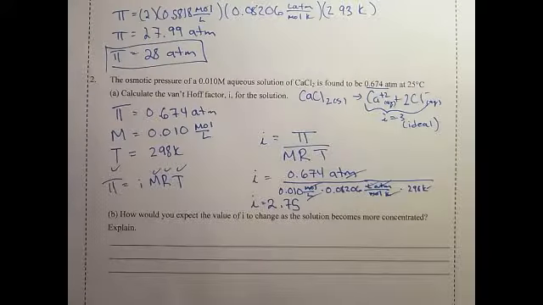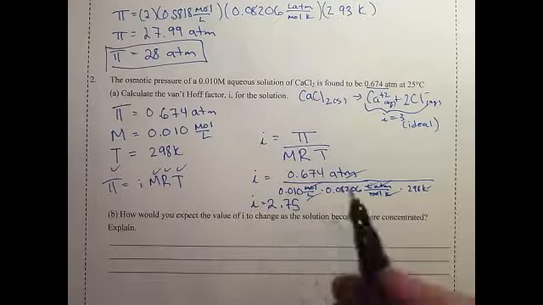Finally, question B says, how would you expect the value of i to change as the solution becomes more concentrated? Explain yourself. We've talked about it within the PowerPoint at the start of this lesson, but as the concentration goes up, it is more likely that the solute particles are going to reassociate, especially when they're charged, because they're going to be attracted to each other.